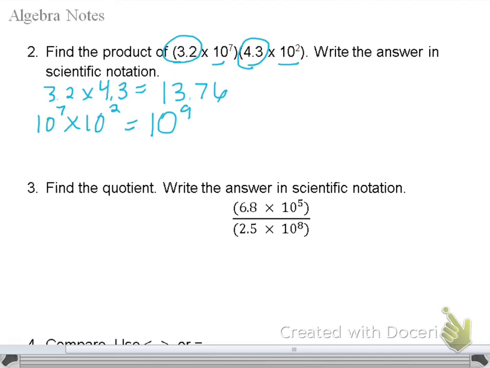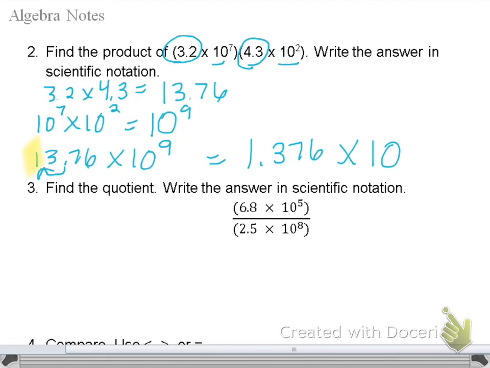So if we put these together, 13.76 times 10 to the 9th power, we have something that looks like scientific notation. However, it's not in scientific notation until we only have one number in front of the decimal. So we want to move our decimal over one more space so that we have 1.376.